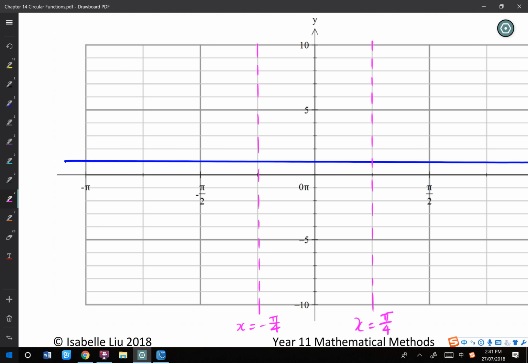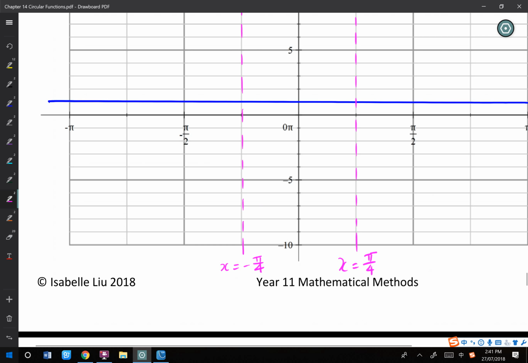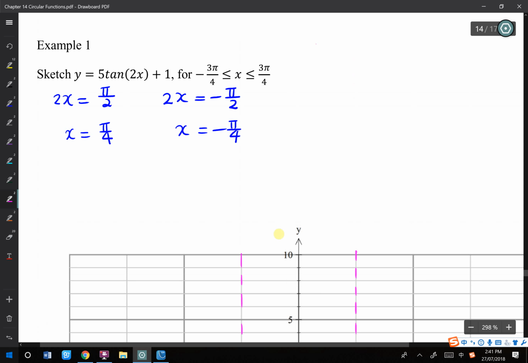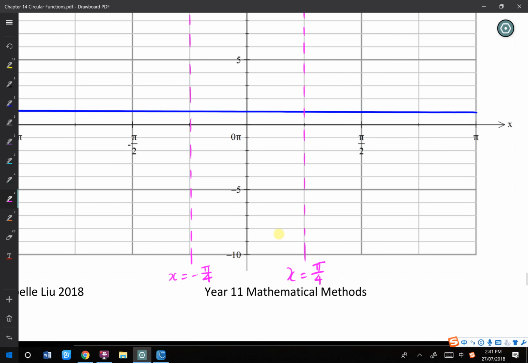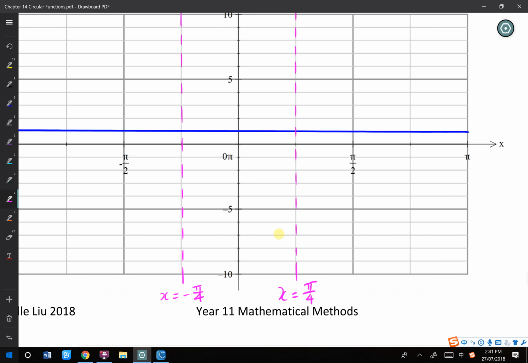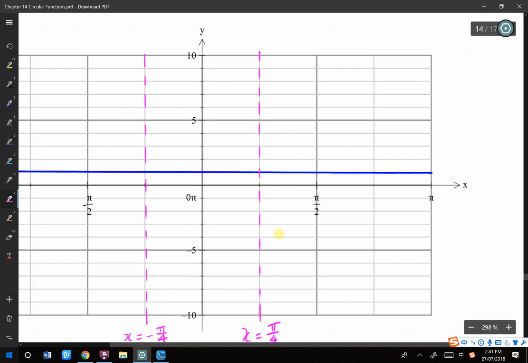Pi over 2. The distance between the two adjacent asymptotes is pi over 2, and if you calculate by using the formula, period equals pi over 2, no problem. Because you have worked out the period, the next asymptote must have the same distance.